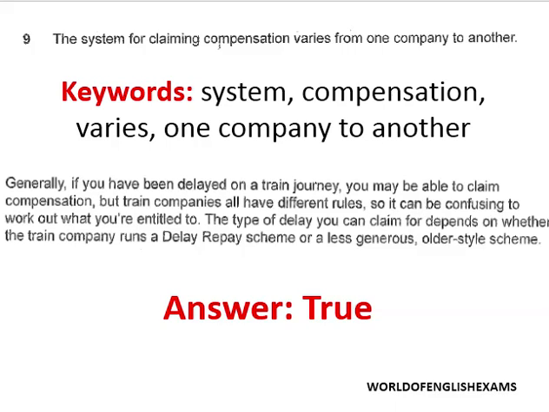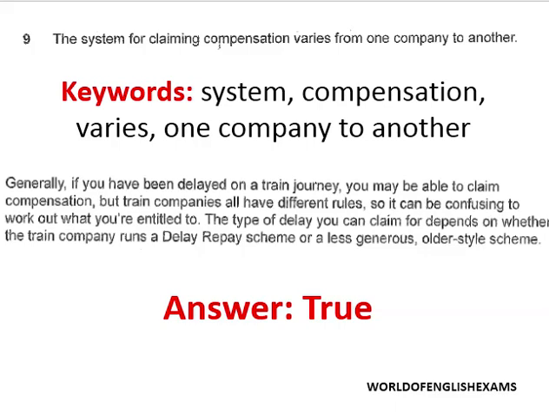If you notice here, we did not find the word varies, we did not find the words one company to another, but the meaning is found. That is why the answer is true, because whatever is stated in the statement and whatever is given in the text are exactly the same. So like this, you need to confirm that the answer is true.